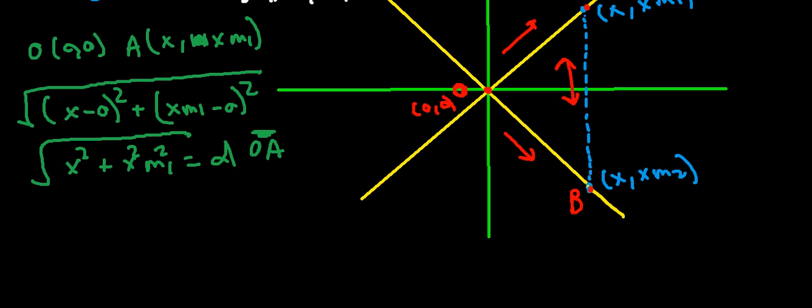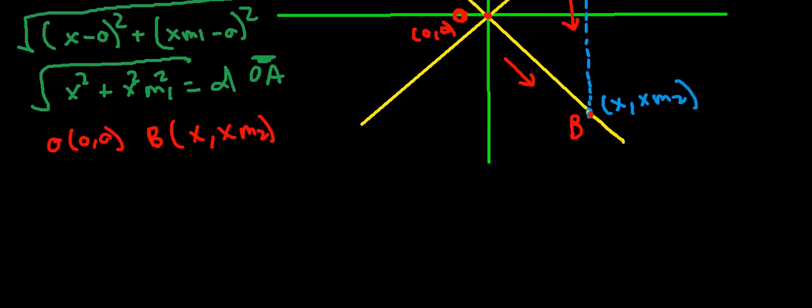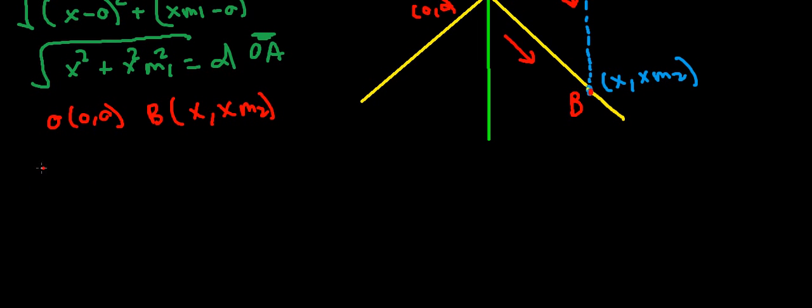Now we need to do OB. O is 0, 0. B is X, XM2. We can just look at this and say it's going to be x squared and whatever, but I'll do it anyway in case people can't spot that easily. We're essentially going to get the same thing, except instead of x squared plus x squared M1 squared, we're going to get x squared plus x squared M2 squared.